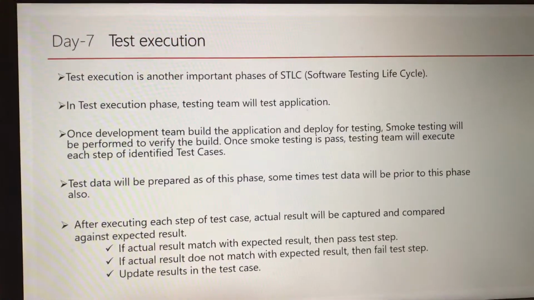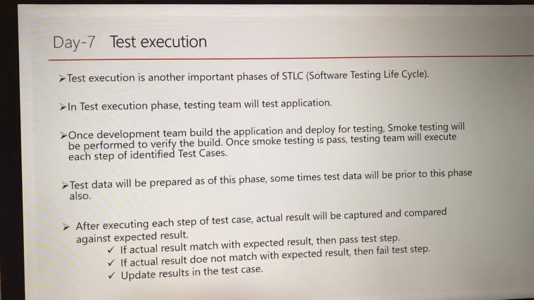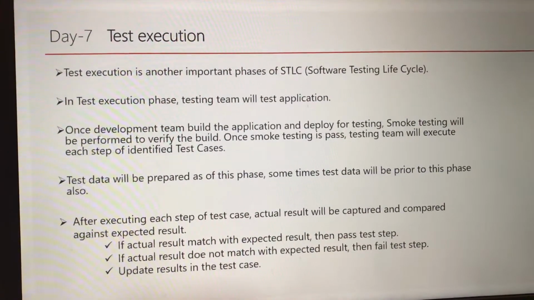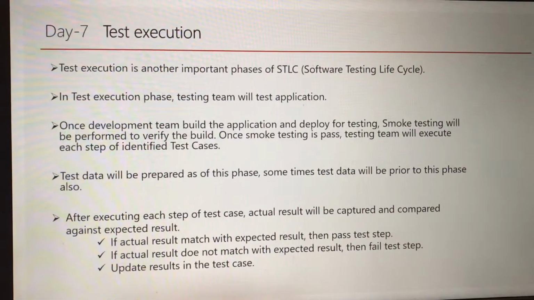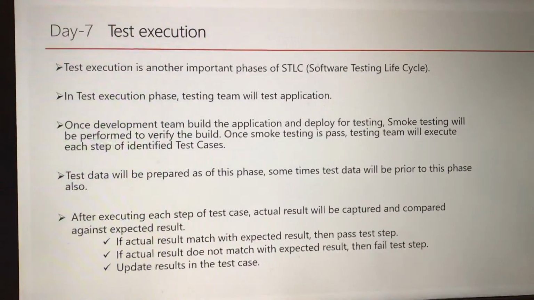In the test execution phase, the test cases that have been documented and developed are executed one by one. Each step in the test case is executed based on the actions and guidelines written in it.